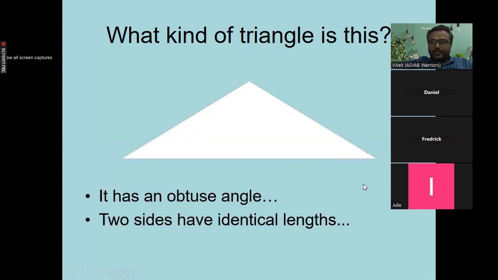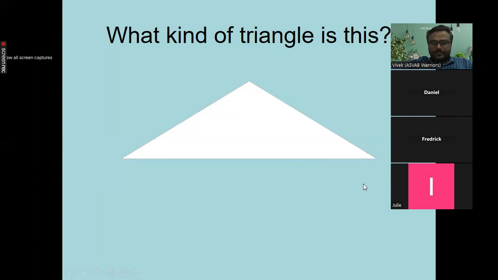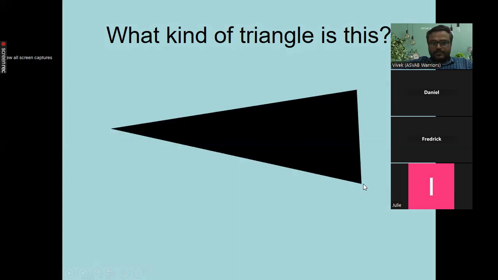Frederick, did you understand it? Yep. Guys, just try to identify what type of triangle this is. I'll just put the markings.